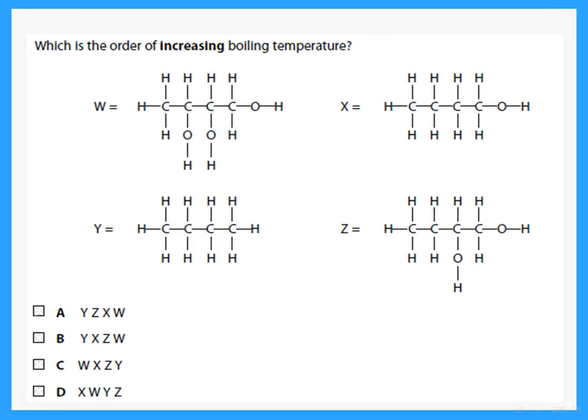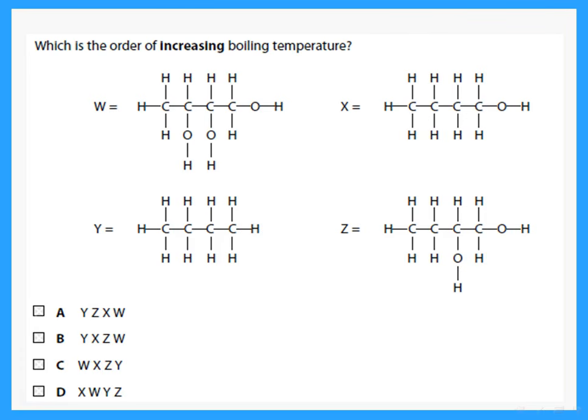So which of these would have the lowest boiling temperature? Well, actually that would be Y, because Y is just an alkane. It doesn't have OHs, so the only intermolecular forces between its molecules would be weak London dispersion forces or van der Waals forces, so that would have the lowest boiling temperatures.